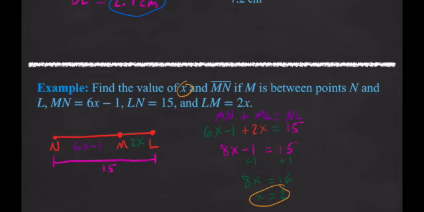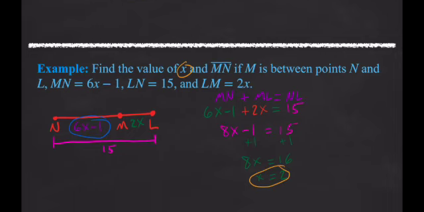It also says find the value of MN, the length of the segment. Find how long it is. So MN is this 6x minus 1, right? We know the x value is 2, so now we just have to plug in. 6 times 2 minus 1 gives us 12 minus 1, which gives us 11.